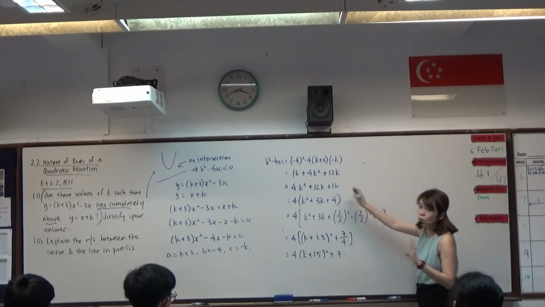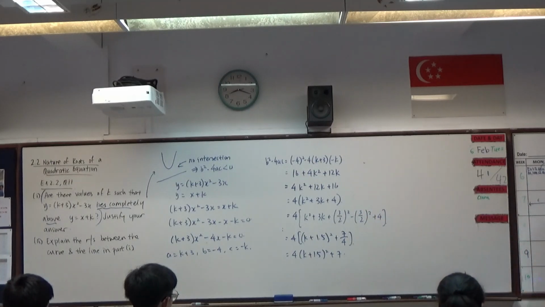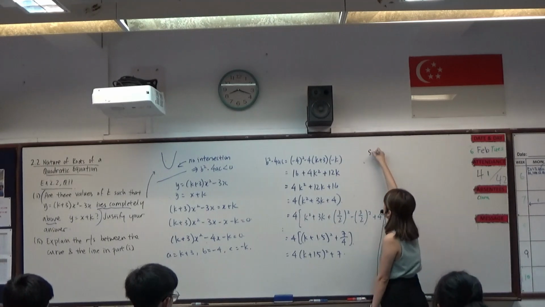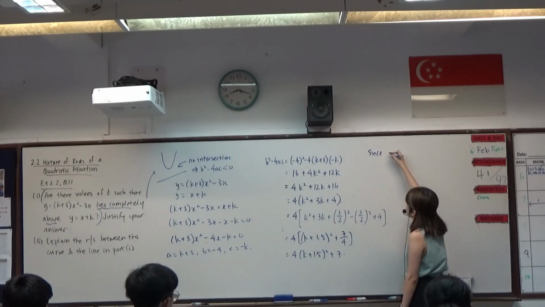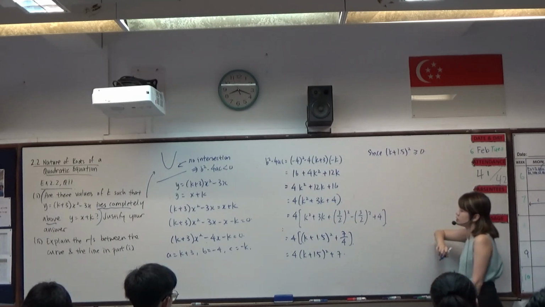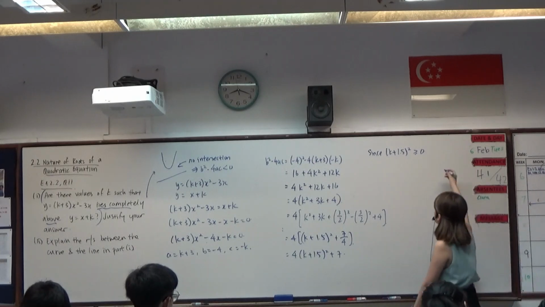Any quadratic expression can complete the square. Once we do that, completing the square part, we see that the perfect square portion will surely be more than or equals to 0 for all values of k.